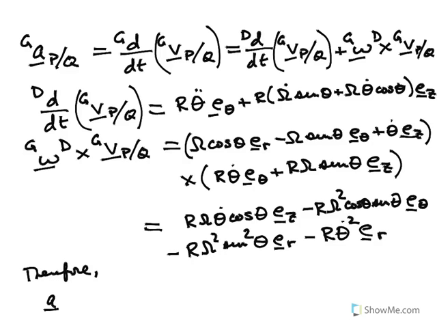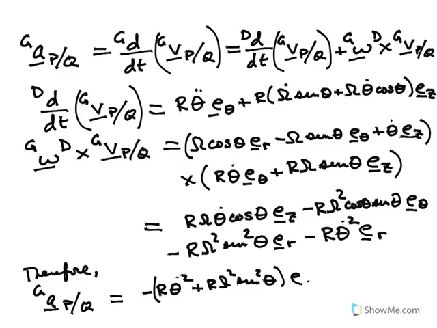that the acceleration of point P relative to Q in G, which is the sum of these, if I put these together, I get minus r theta dot squared plus r omega squared sine squared theta times ER. That's the ER component. And then the E theta component, I get plus r theta double dot E theta, and then I've got minus r omega squared cosine theta sine theta, that's times E theta.